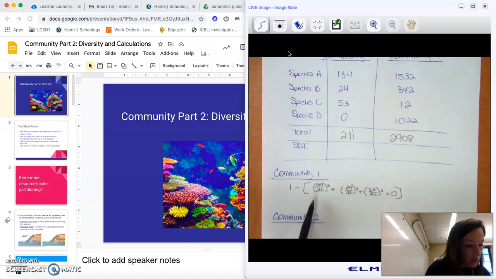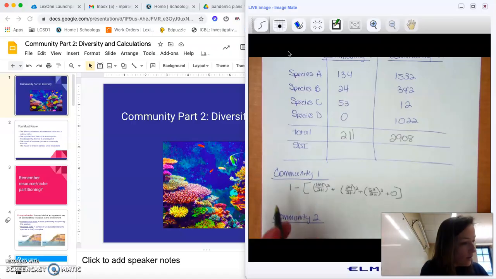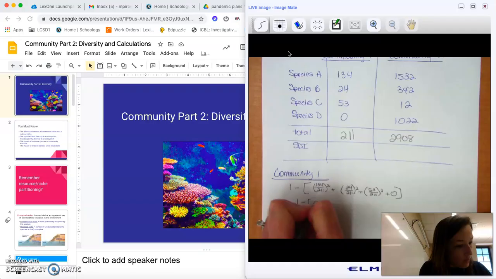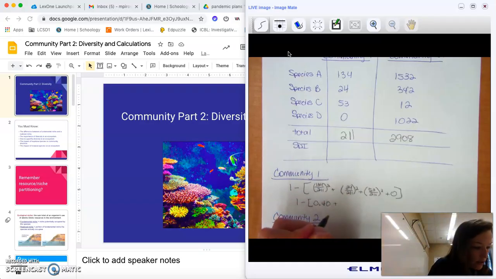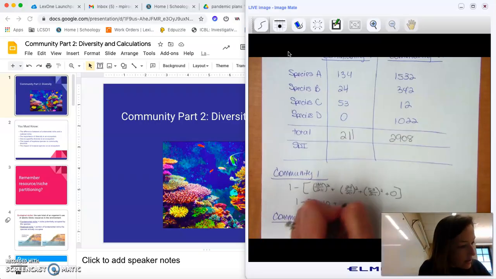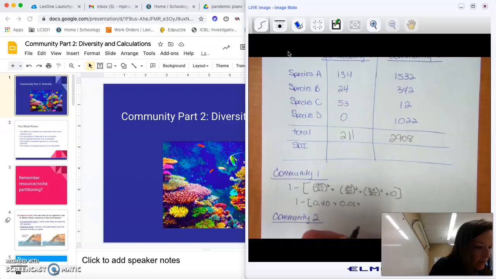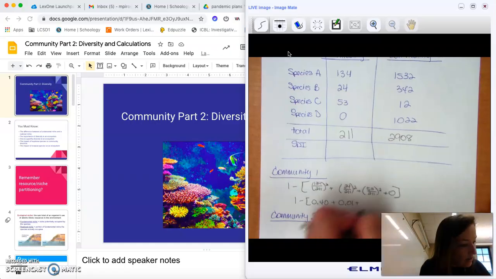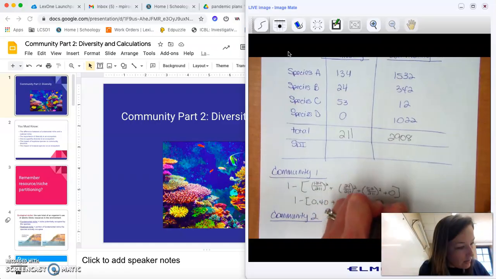134 divided by 211 squared is 0.4. 24 divided by 211 squared is 0.01. And 53 divided by 211 squared is 0.06.